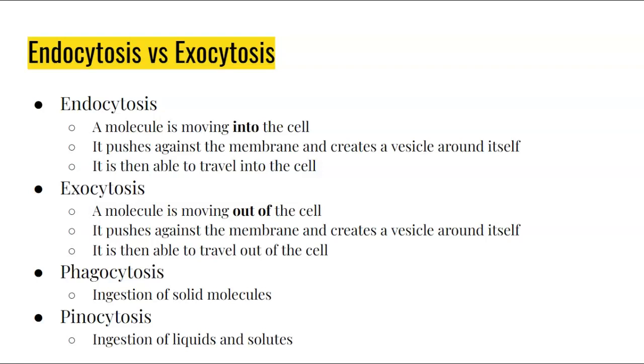It will go around this molecule, whatever it is, and eventually will reconnect on the other side and create a vesicle around itself, and then that molecule will be able to travel into the cell. The opposite can happen. That's called exocytosis, and that's a molecule moving out of the cell. So it pushes against the membrane from the inside, and it pushes until a vesicle creates around itself, and then it can travel outside the cell.